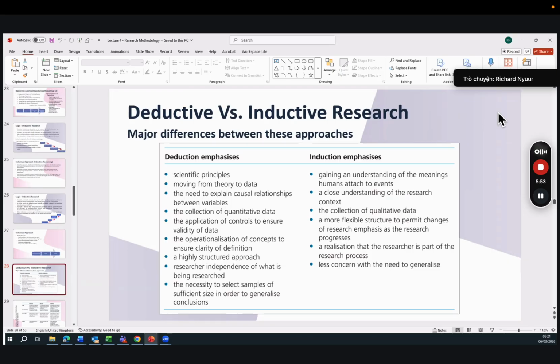It's a highly structured approach. The researcher is independent of what is happening or what is being researched, and there is a necessity to select a sample size that is sufficient, a good number of responses, in order to generalize the conclusions.